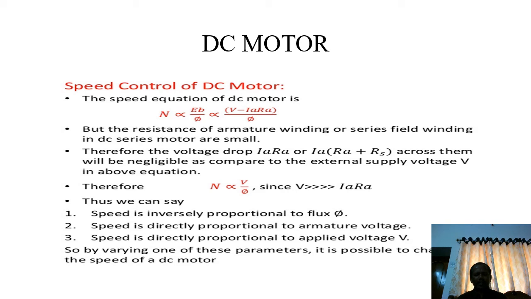Speed is directly proportional to armature voltage. Speed is directly proportional to applied voltage. So by varying one of three parameters, it is possible to draw the characteristic of a DC motor. Right.